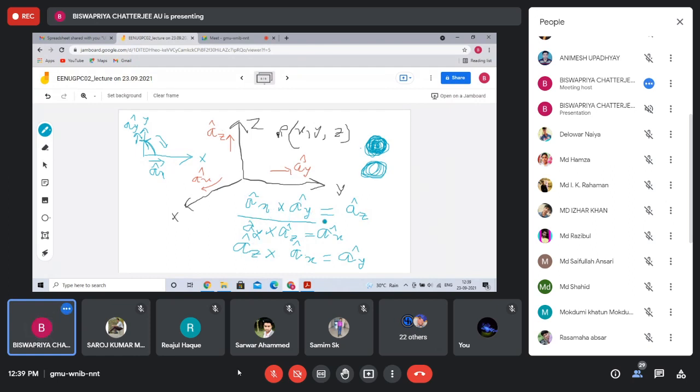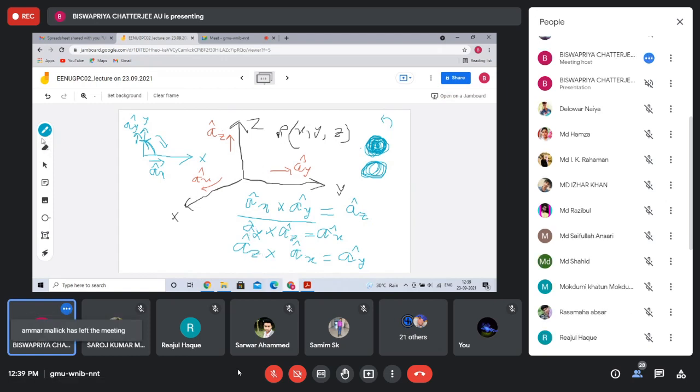A X cross A Y means counterclockwise rotation, so it generates a third vector acting along A Z. Similarly, A Y cross A Z is equal to A X, and A Z cross A X is equal to A Y. So this is exactly what is called the right-handed system.